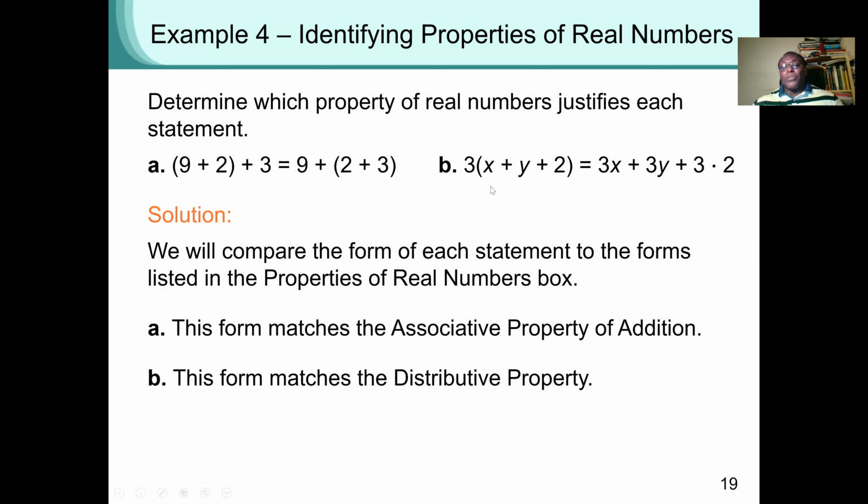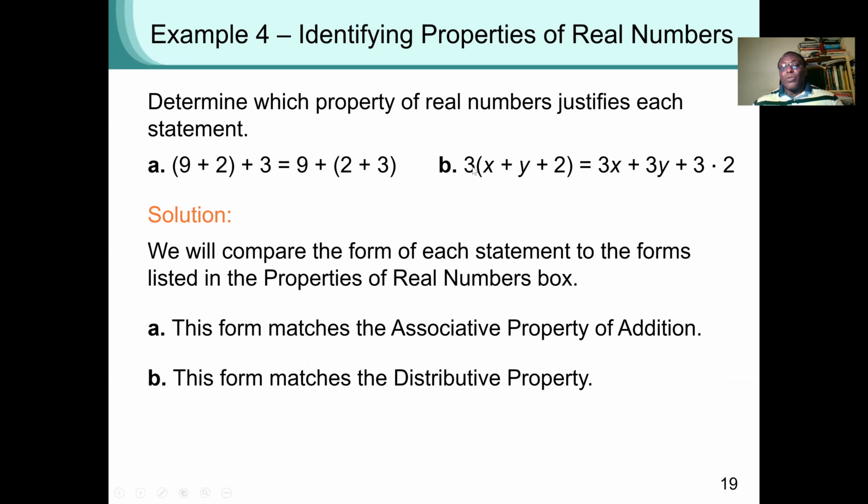And we also have 3 times the quantity s plus y plus 2, which is 3s plus 3y plus 3 times 2. Now the question says we should determine which property of real numbers justifies each statement. When I look at A, I can see the parenthesis value changes. So if you remember, and also it's addition, the answer will be associative property of addition.